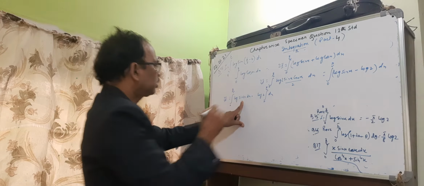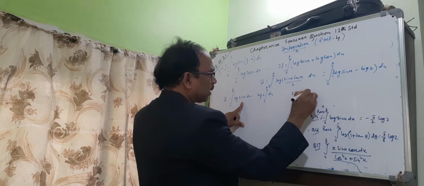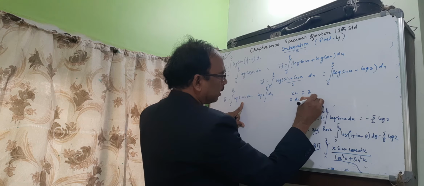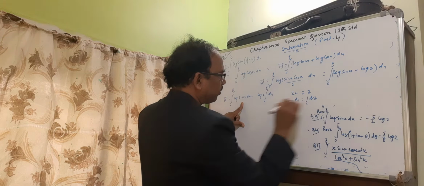Now put it here. Let 2x equal z, then 2 dx equals dz, then dx equals half of dz.